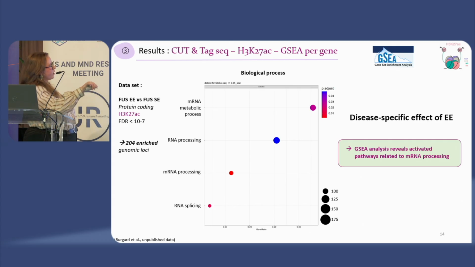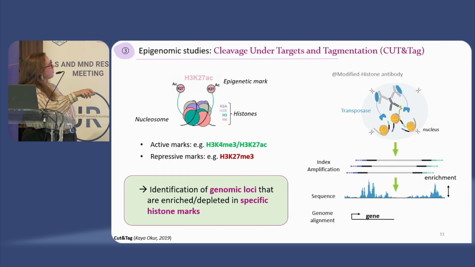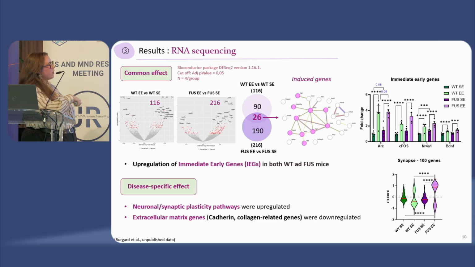So here we can see that we rescue it, but then in the RNA-seq data, we can see for some genes an induction of immediate early genes that trigger synaptic plasticity. So it triggers in wild type, but also in the FUS, and here we can see a nice induction. So I think, yes, on a certain amount of genes, we can reverse the transcriptional activation.